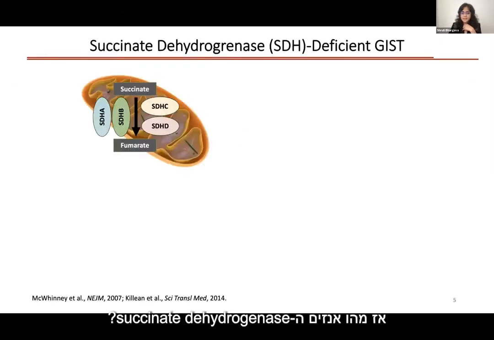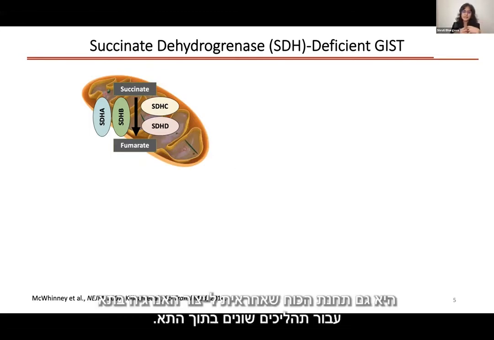Now, what is the succinate dehydrogenase enzyme? It is present in one of the very important organelles of the cell, the mitochondria. It's also the powerhouse and is responsible for energy generation of the cell for various processes inside a cell.